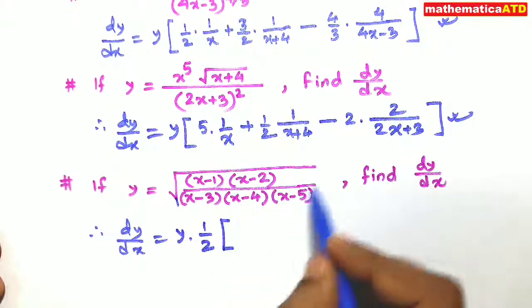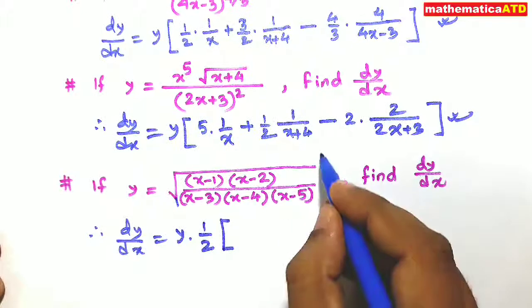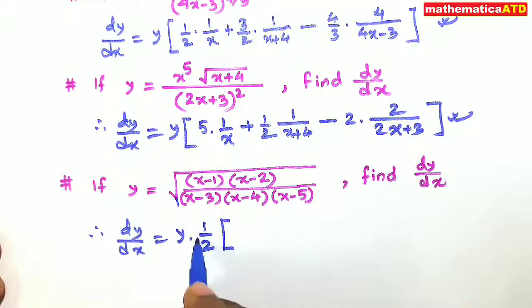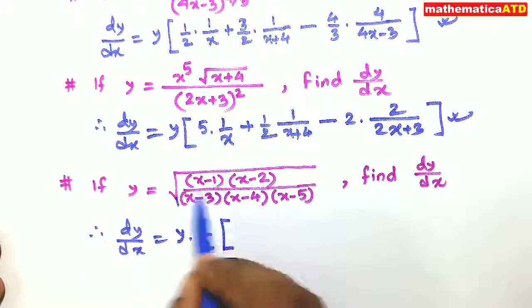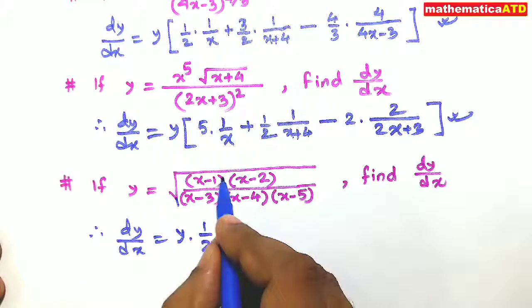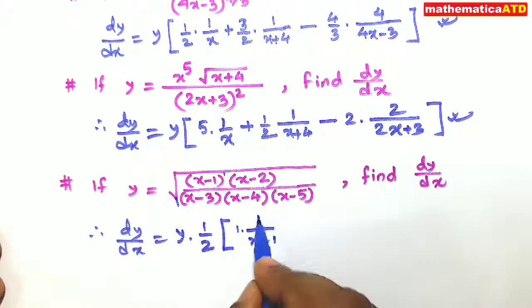This root is the power half of the total expression. Next, x minus 1 is in the numerator, so the power is 1, and you can omit the 1 also, 1 upon x minus 1, and the derivative of x minus 1 is 1.